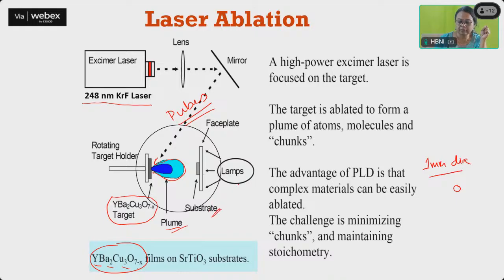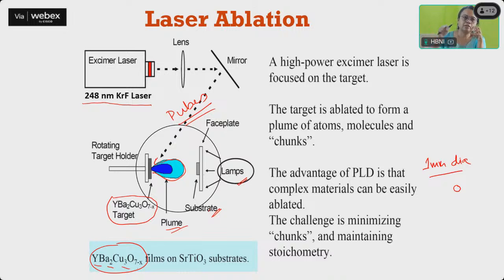The substrate can be heated so that there is no dissociation, and crystalline thin films are deposited. The target is generally rotated. Earlier we saw that the substrate is rotated, so substrate rotation can be kept like that, but the target is rotated so that wherever the laser is falling, it is not falling at the same point.